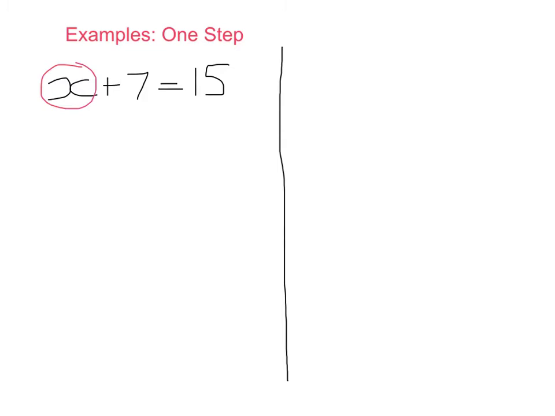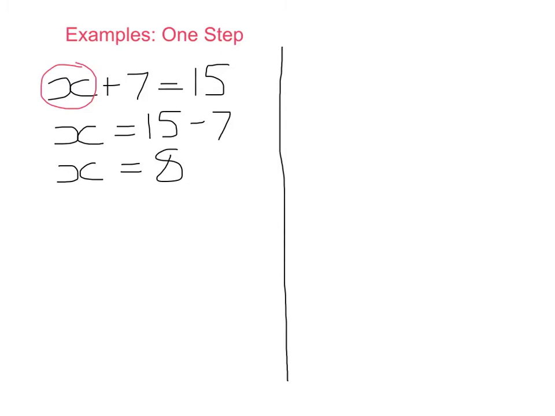If x plus 7 is 15, we just do the opposite. x equals 15 minus 7. Therefore, x equals 8. It's as simple as that, guys. x plus 7 equals 15, we do the inverse, x equals 15 minus 7, therefore x equals 8. Really straightforward.